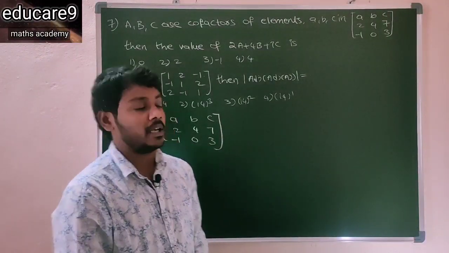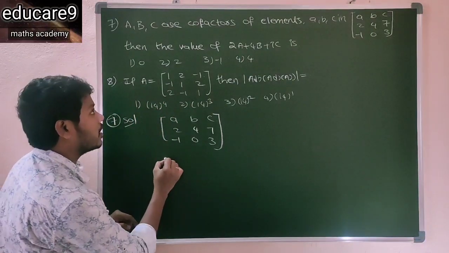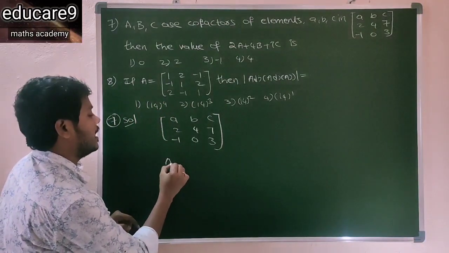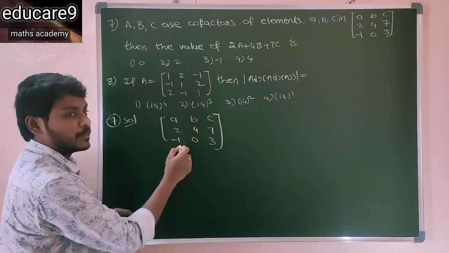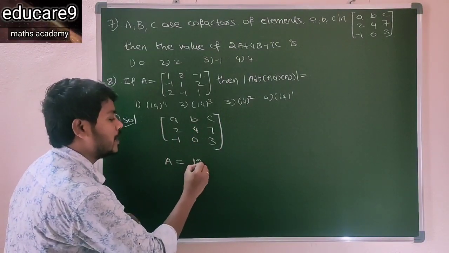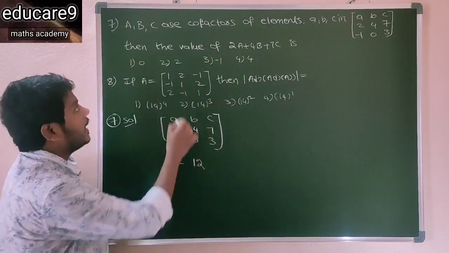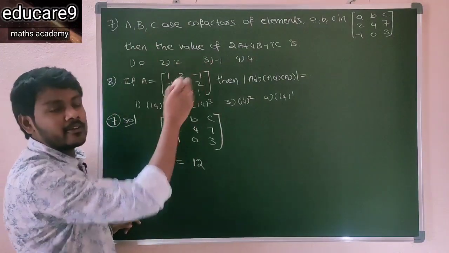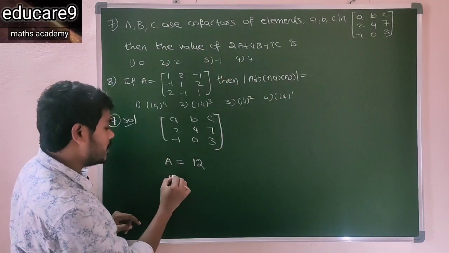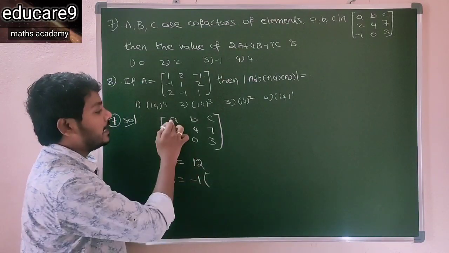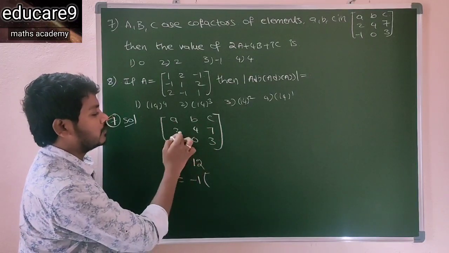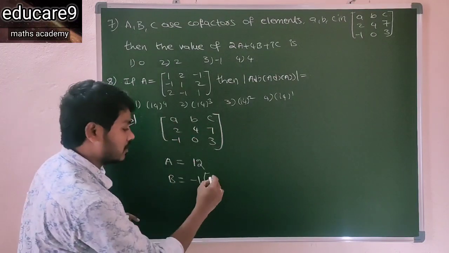Cofactor of capital A. See here, a is equal to cofactor of A, that is delete the corresponding row, corresponding column. You will get 12. And b is what? Cofactor of small b. So b is equal to, you get minus 1 and delete the corresponding row, corresponding column. You will get 6 plus 7, that is 13.